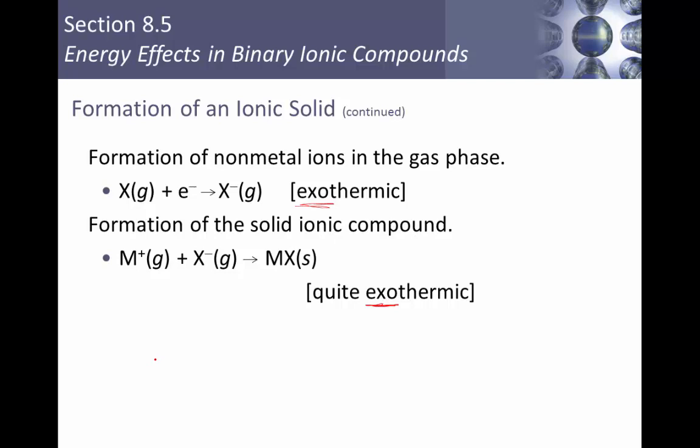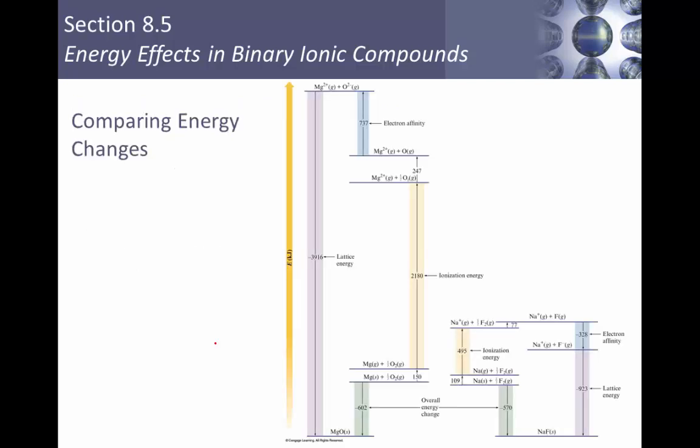Okay, so let's look at that again, but in a picture with some numbers this time. Here we're going to look at magnesium oxide, and then we're going to compare it to sodium fluoride. Now, why the big differences here? Well, magnesium oxide has charges of +2 and -2.